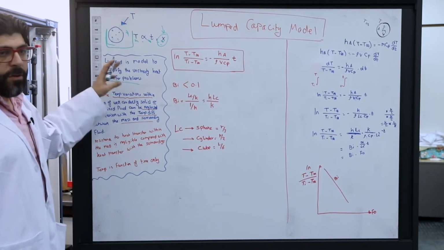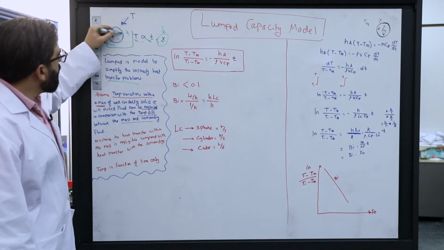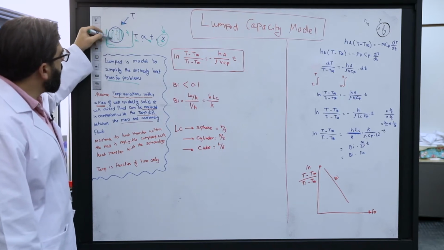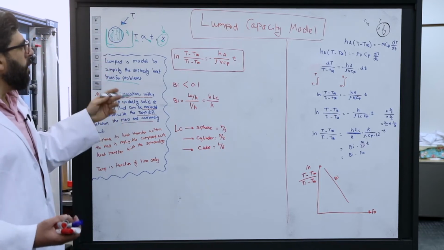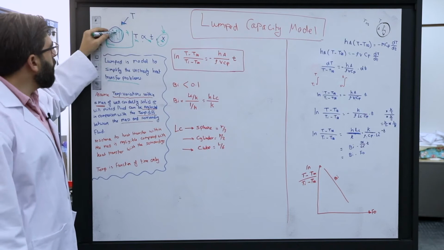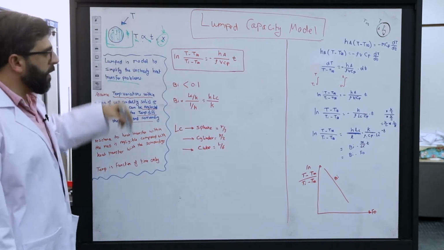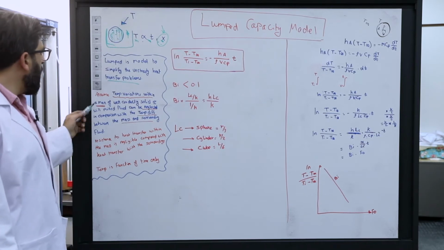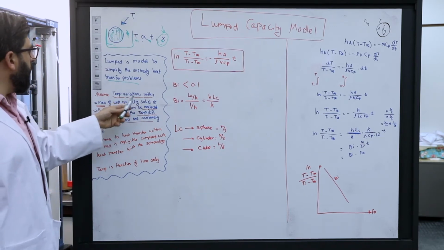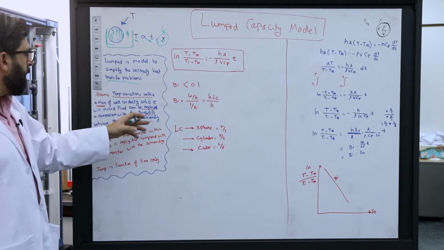In order to assume this, we assume that inside the body itself there's no resistance to heat transfer, so heat transfer resistance is only in the surrounding. Temperature variation within the mass of a well-conducting solid or well-mixed fluid can be neglected.